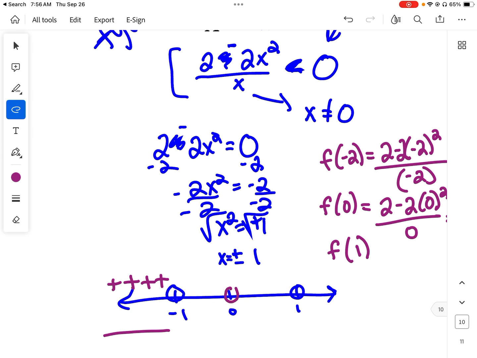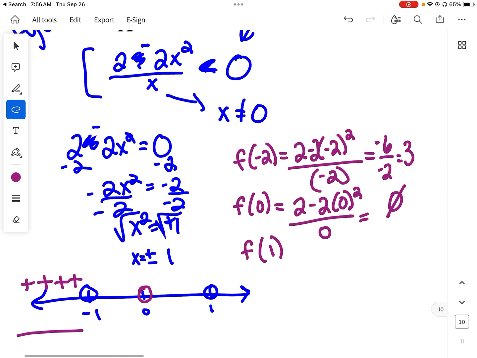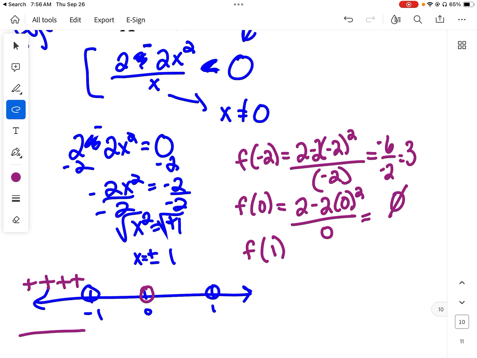But that does tell me I'm going to have an open circle there. So go ahead and put that open circle in there. That means 0 is not included. So let's not do 1, I want to do 2. So I'm going to do 2 minus 2 times 2 squared over 2. So 2 minus 2, 2 squared.